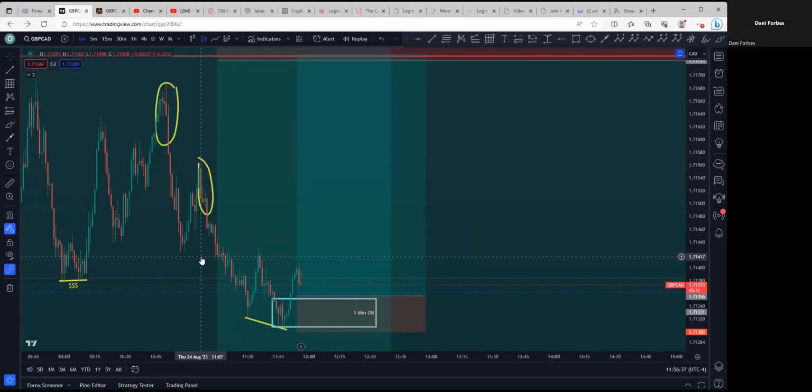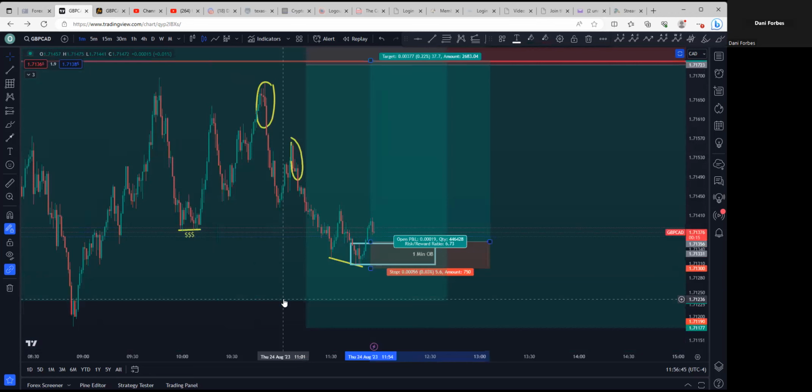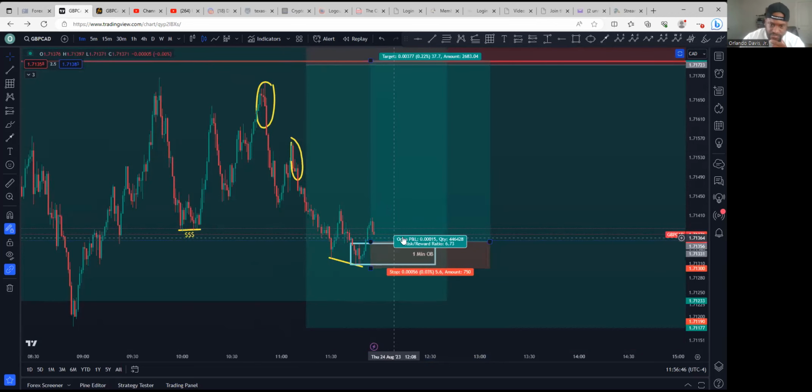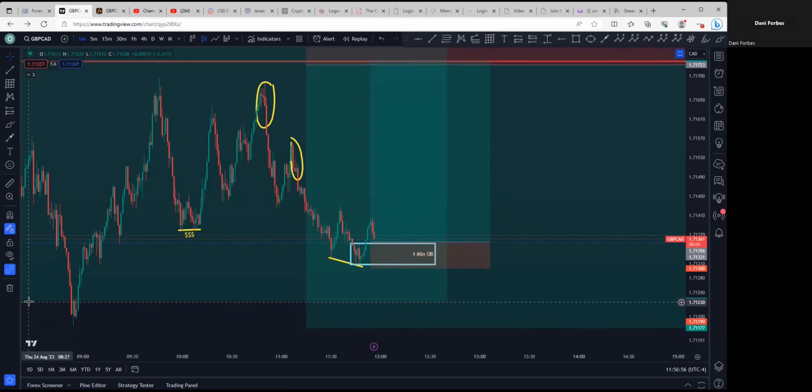Exactly. So I'm looking at this, taking a buy entry from here. Already got the entry in. Looking at it, smack the zone and go up. If it doesn't, hey, that's why you got proper risk management. You cannot avoid losing. You can only control the size of the lesson.